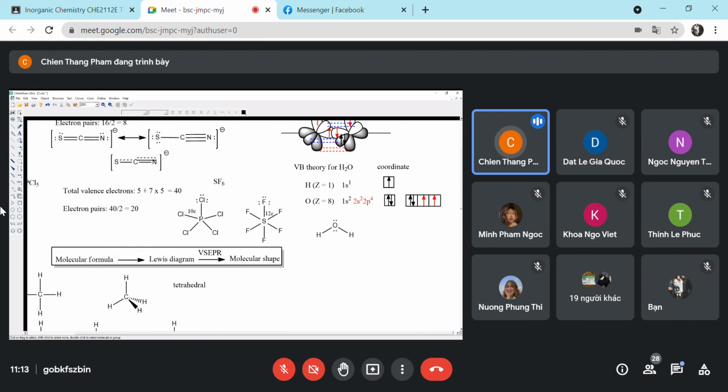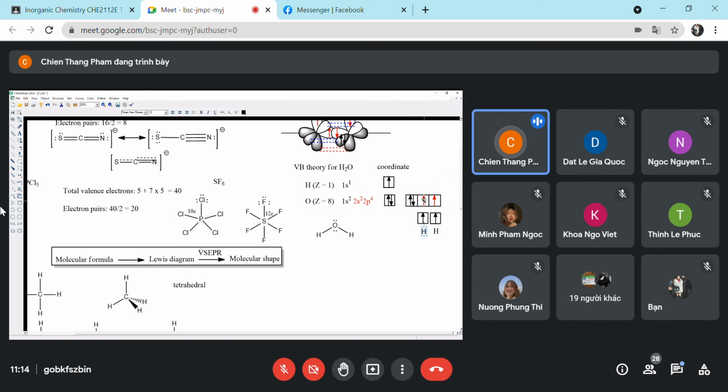So it's very clear here. We can draw the s orbitals of hydrogen here, and from here we can shift to see what the overlap really is. This is each s orbital of hydrogen, and this one is oxygen. This one is for hydrogen, and this one also for hydrogen.